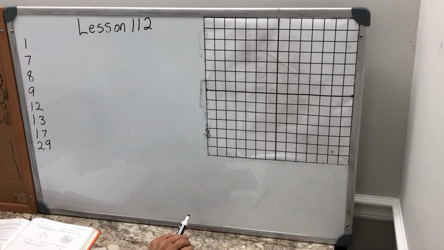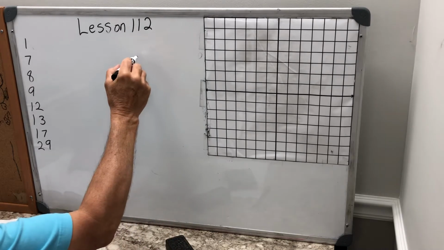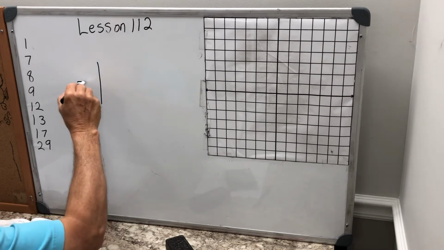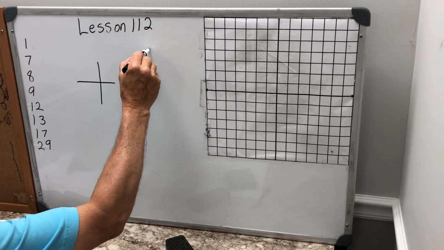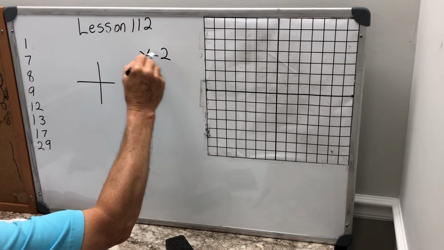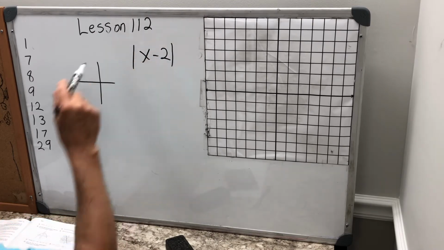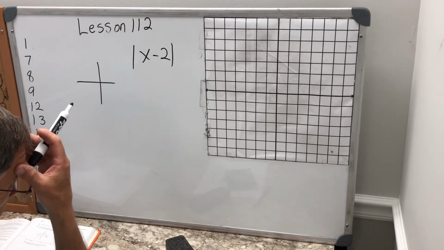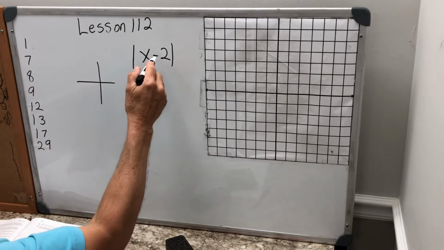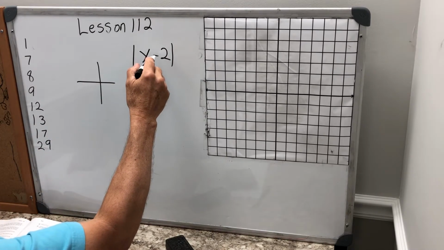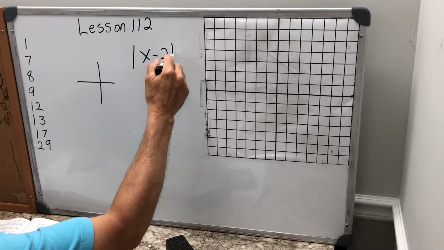Number 8. This is nearly the same as what we have been doing. What they're giving us is an x minus 2 inside absolute value signs, and these absolute value signs are the same as inclusive signs. So is this on the y line or x line?